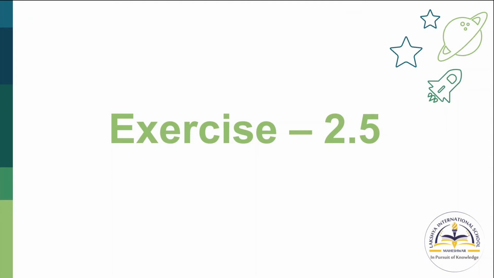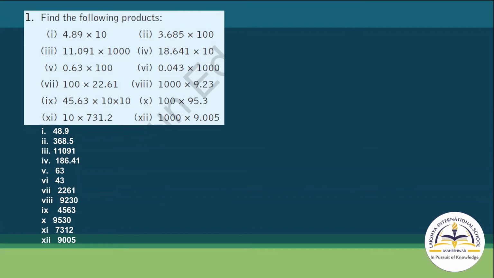Now next we will solve exercise number 2.5. Here you can see, find the following products. 4.89 into 10. Here you have to multiply numbers in decimals. Okay, so when you multiply 4.89 into 10, our decimal point will be after 8. Okay, now 3.685.